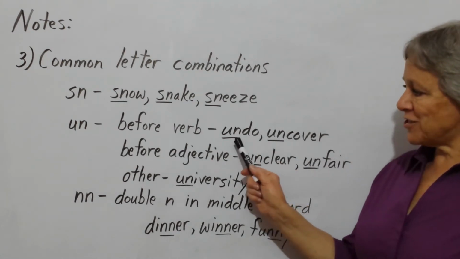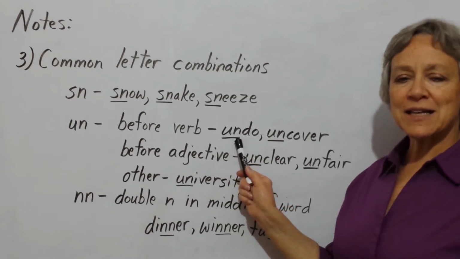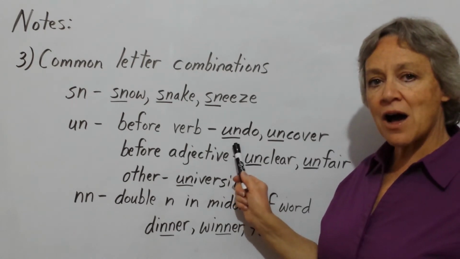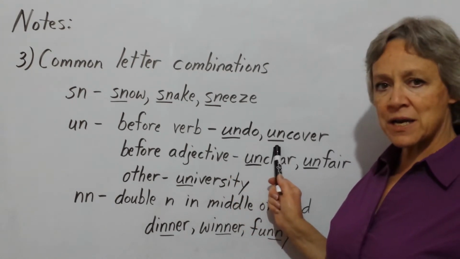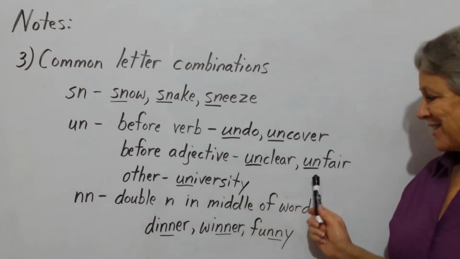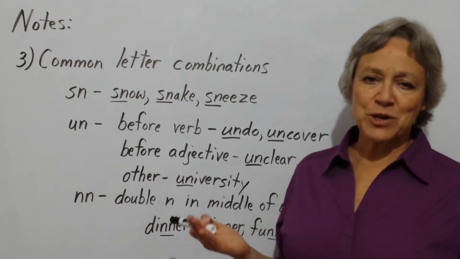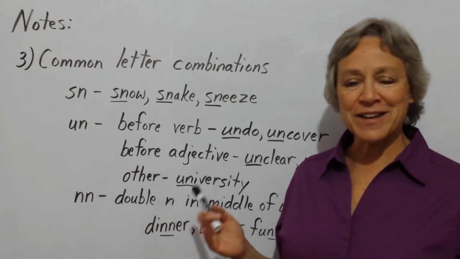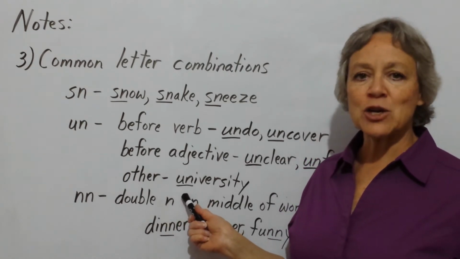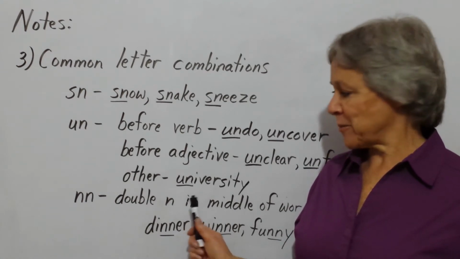In each of these words, we pronounce both the vowel sound and the letter N as N. These are undo, uncover, unclear, unfair. We do also see the letters UN at the beginning of other words, and in some cases we get the U vowel sound, such as in the word university.